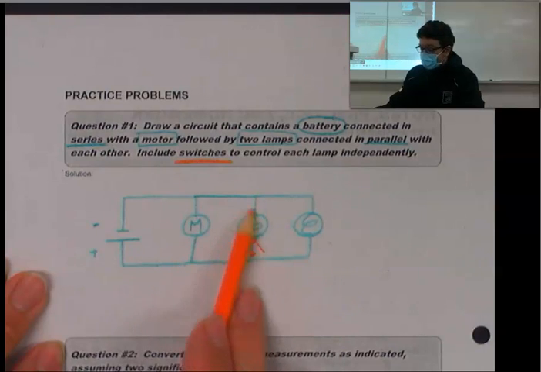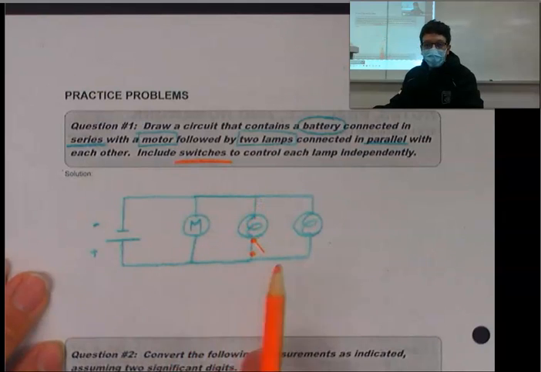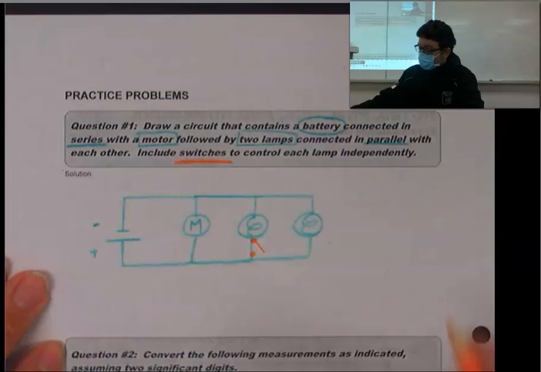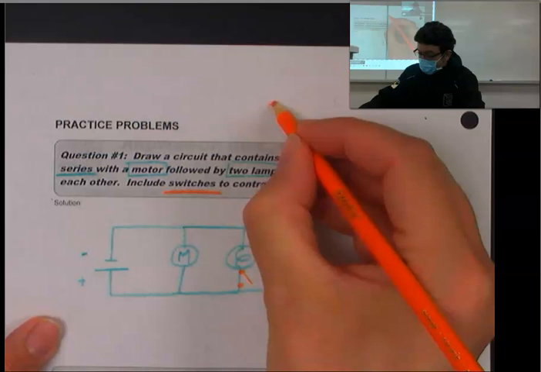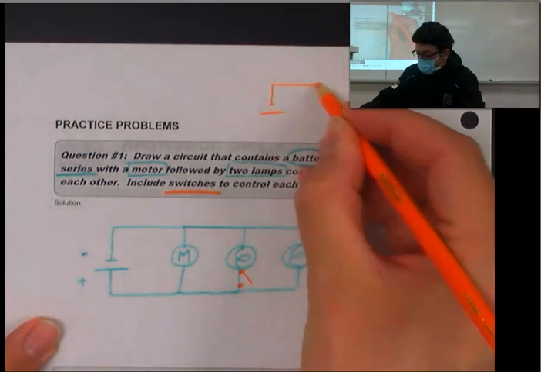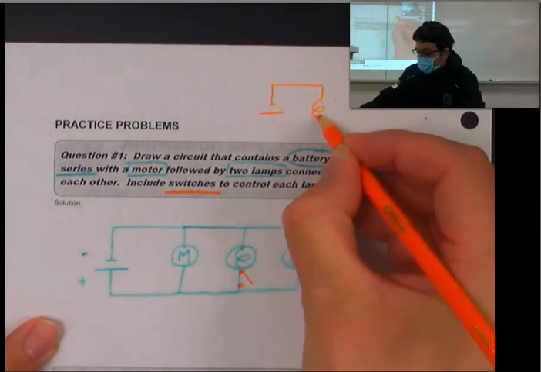Right? In this case, it might go through the lamp, but because it has nowhere to go after the lamp, it's actually not going to flow. You can almost think of, let me just draw a side diagram over here. Let's say we just had one battery with one bulb.